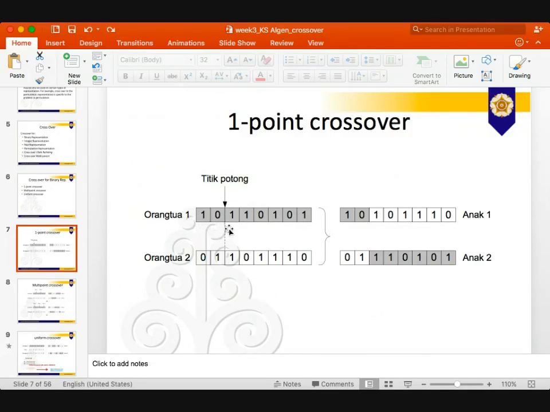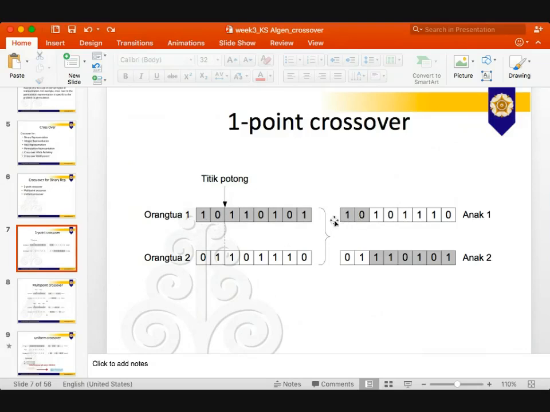For example, here the crossover point is 2. So we copy the genes of parent chromosome 1 from locus 1 until 2.